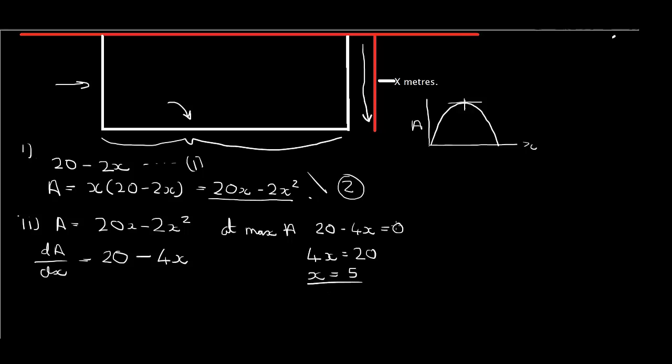So now we've found x. For the maximum area, we've found x, which is 5. So all we need to do is find the length here, multiply them together and we find the area. So we've got x equals 5.